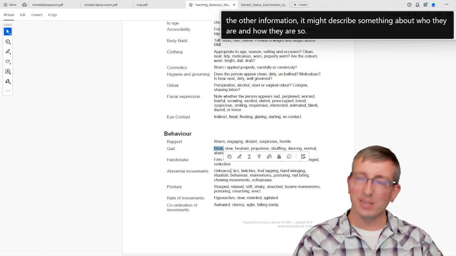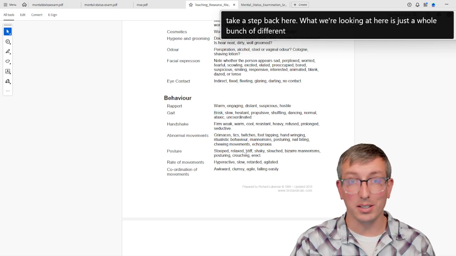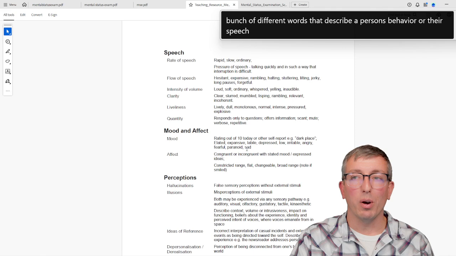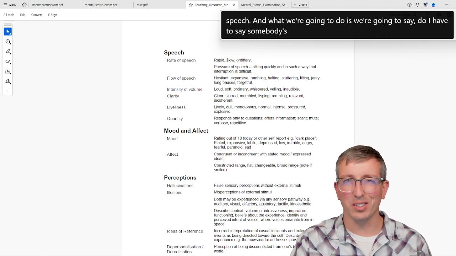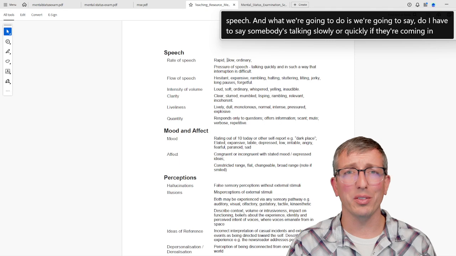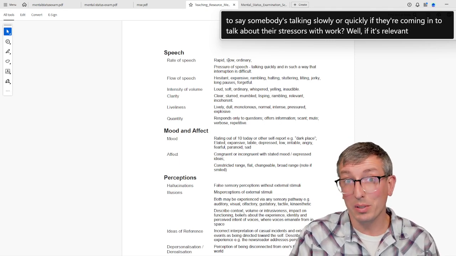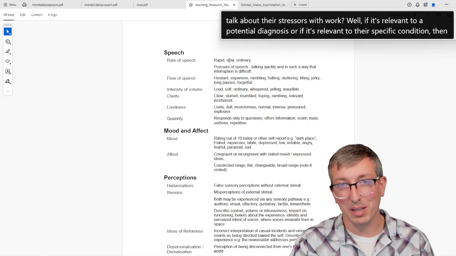So take a step back here. What we're looking at is a whole bunch of different words that describe a person's behavior or their speech. And what we're going to do is ask, do I have to say somebody's talking slowly or quickly if they're coming in to talk about their stressors with work? Well, if it's relevant to a potential diagnosis or to their specific condition, then maybe, right?